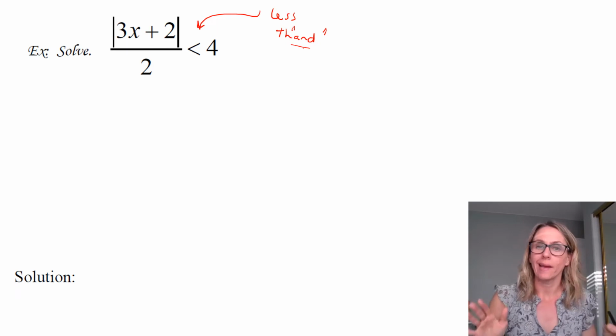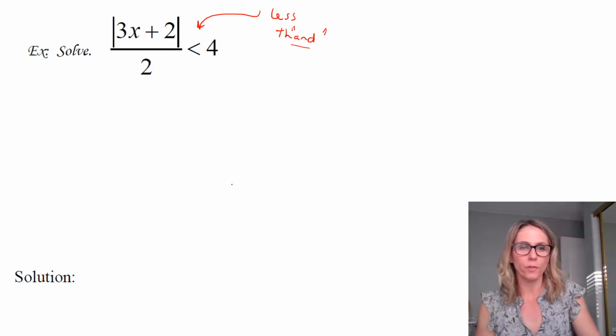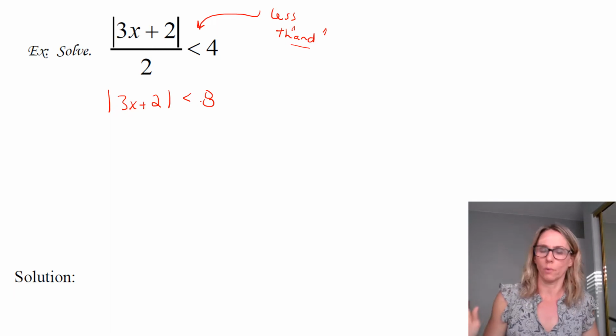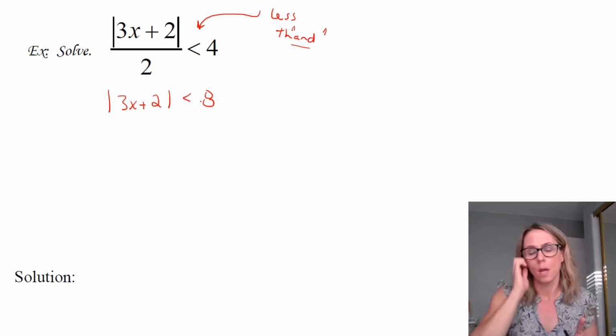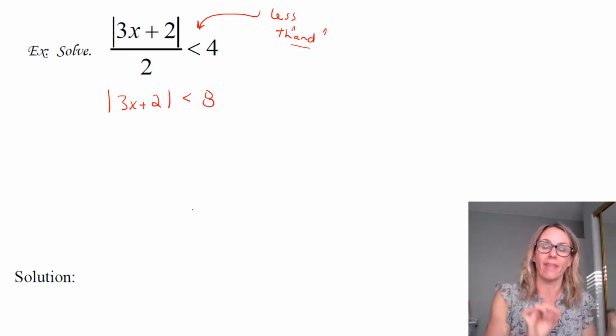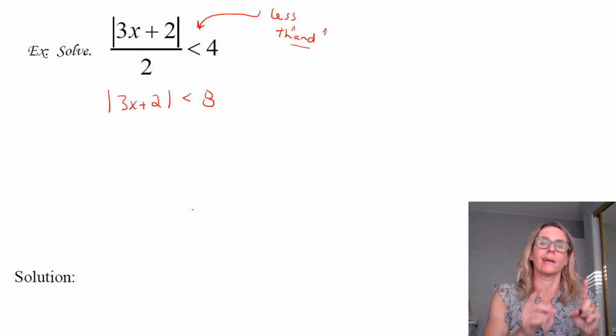The first thing I'm actually going to do is multiply both sides by 2. If I multiply both sides by 2, which is totally valid, I'm going to end up with this. So now what we have is something similar to what we saw before, but again, with the less than, not greater than.